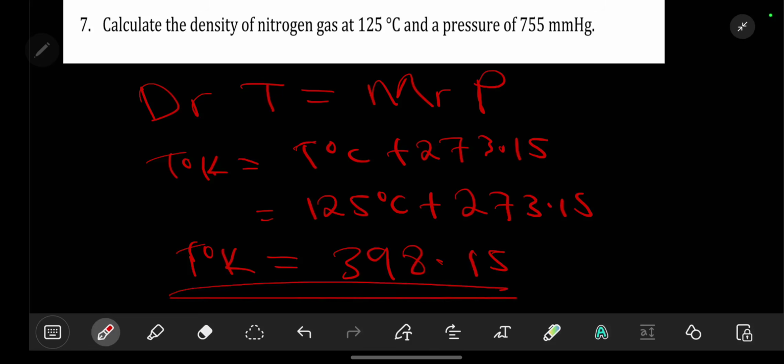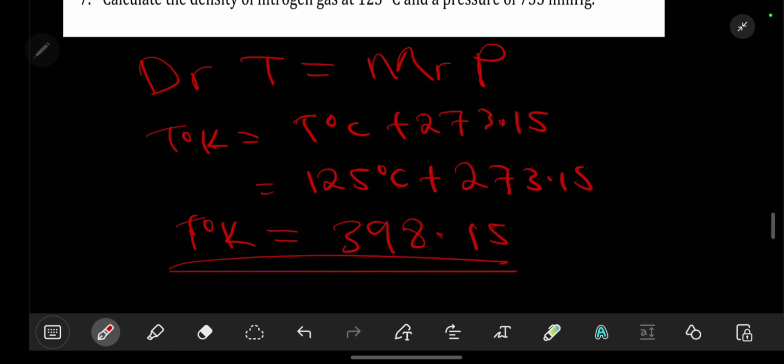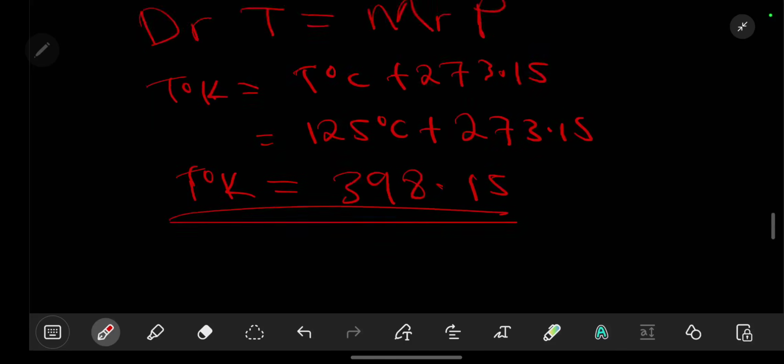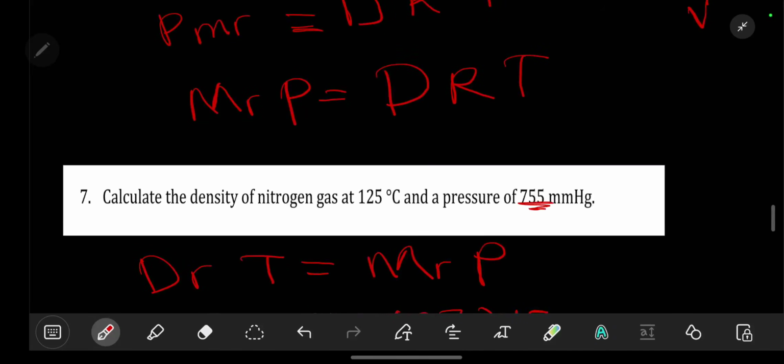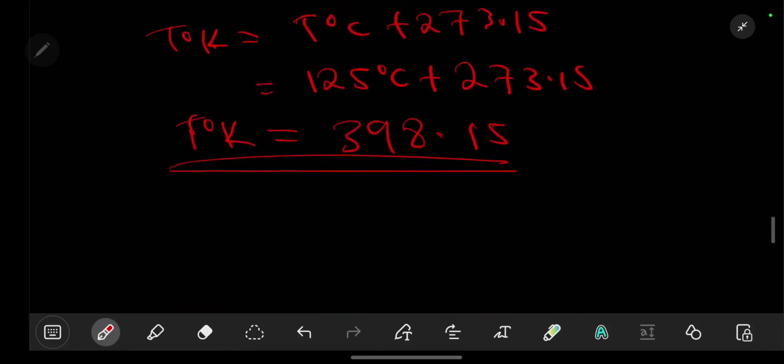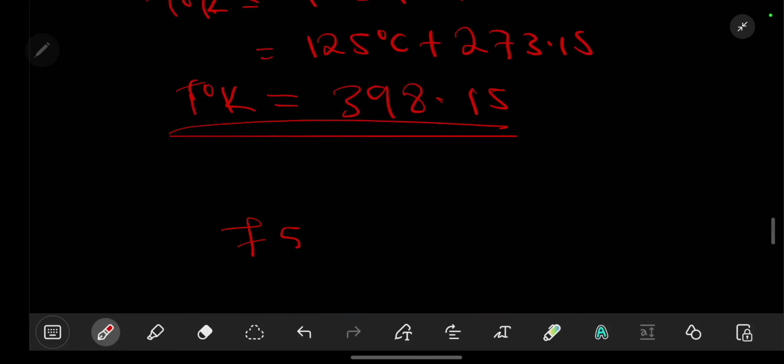Then we are going to convert the pressure to atmospheres. You can watch the video for unit conversion of temperature. If we have 755 millimeters of mercury, using the conversion, we have 1 atmosphere on top.